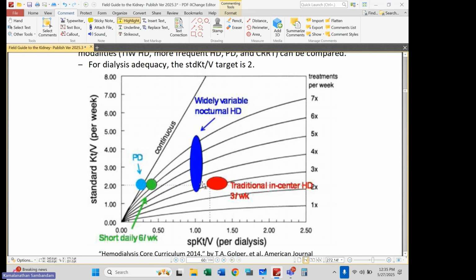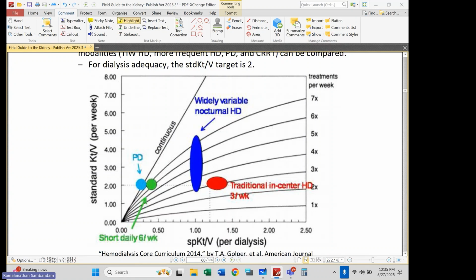Okay. Now, if I'm doing CAPD, right, manual PD all day, no dry abdomen, I'm following essentially this continuous curve. I'm doing dialysis continuously. If you accept that a weekly KT/V goal of about 1.7 is adequate for PD, that's weekly, right?